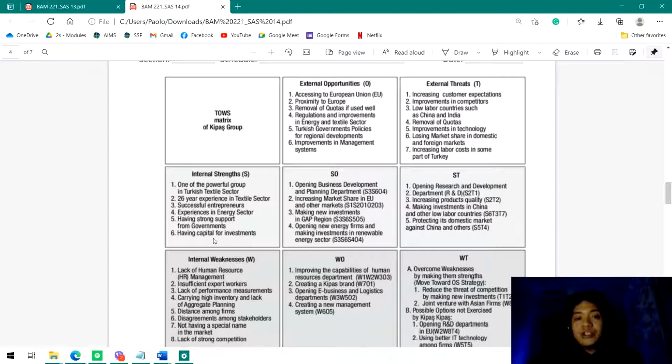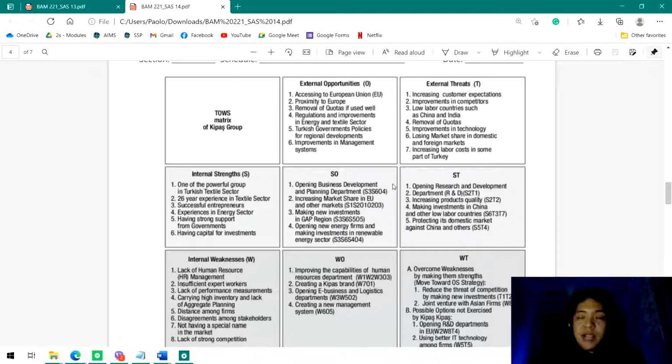And then the opportunity is the regulations and improvement in energy and textile sector. Kung ipagsasama natin itong mga strength and opportunities na to, we can come up with SO strategy or yung Maxi-Maxi Strategy. We can now open a business development and planning department.